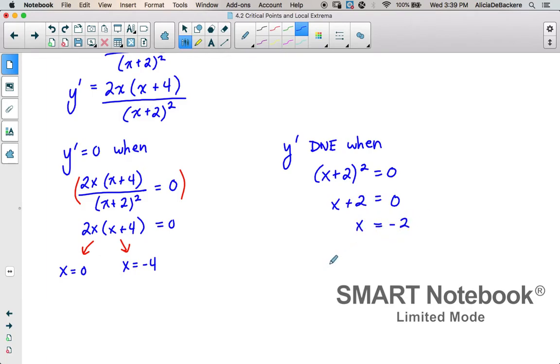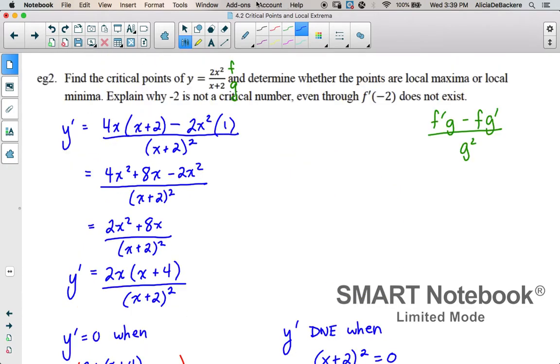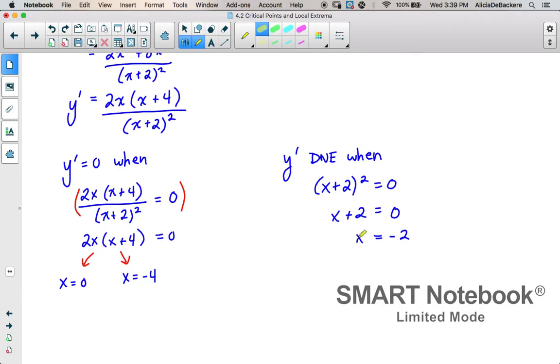And x is -2. Now, the second part of the question says to explain why -2 is not actually a critical number, even though the derivative, when I plug in -2, does not exist. And that's what we just figured out here. The derivative does not exist when x equals -2.